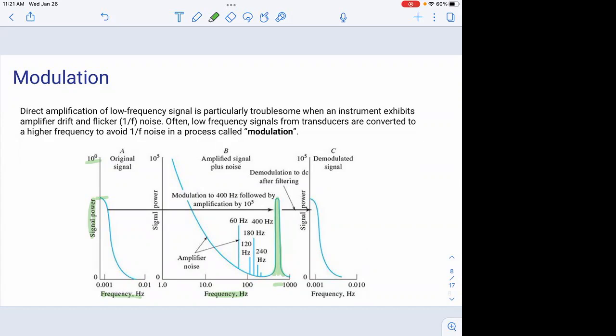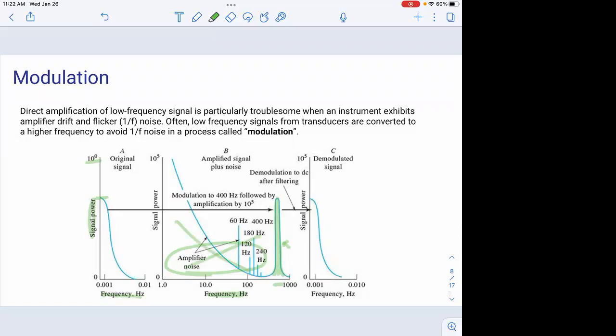The problem with that is that it introduces all of this low frequency noise down here. And so if we amplify the signal when it's been modulated to 400 hertz, then we don't have to worry about the increase in low frequency noise, because we can just use a high pass filter to pass this through while removing the rest of this.